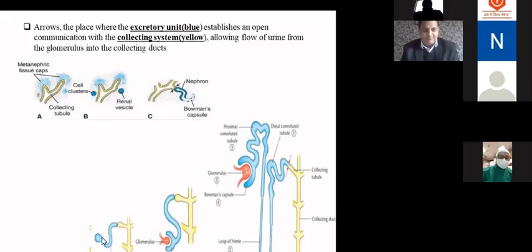From the proximal end of the S-shape, the glomerulus and Bowman's capsule are formed, as it is penetrated by the glomerular capillaries.